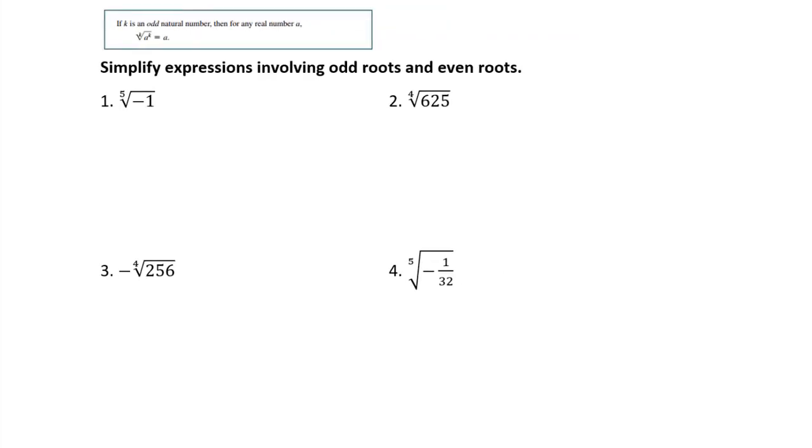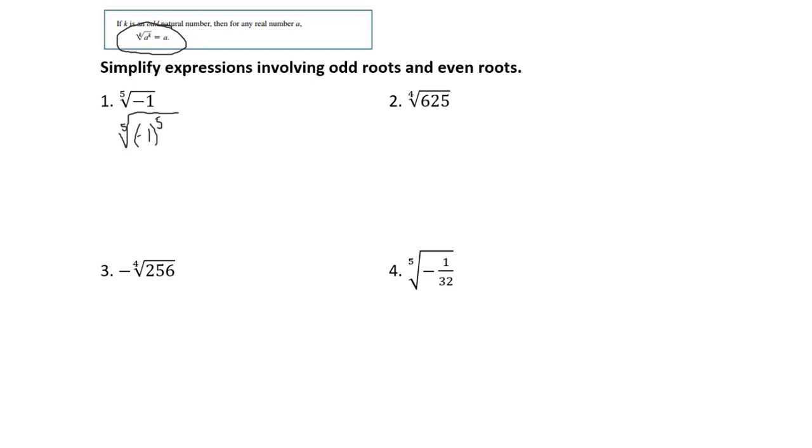All right, so we need to simplify with different roots. There's this rule right here that makes roots a lot more useful, that if you have something raised to the power of k, then that root cancels out that power and you just get a. So this can be written as negative 1 to the 5th.